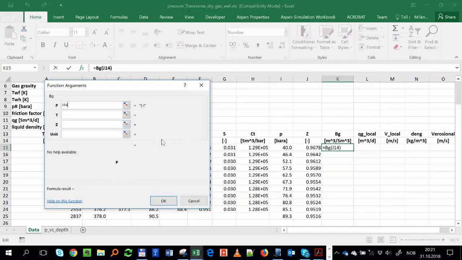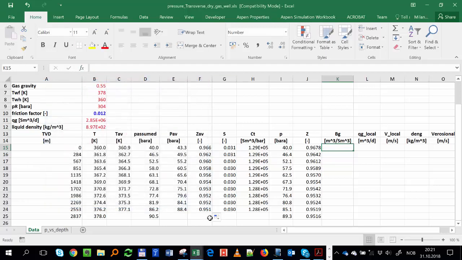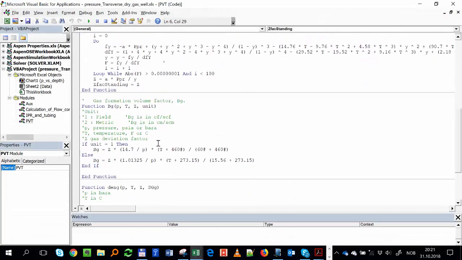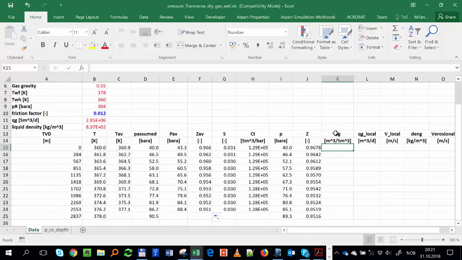We have the pressure, will be here, the temperature, what units should I use? Let's check once more what the units are. BG is using Celsius, so I have to take it once more.